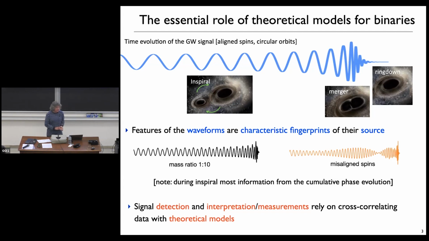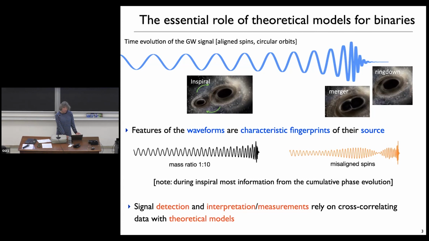And the way the signal detection and interpretation, all the measurements work, is by cross-correlating theoretical models that provide the link between the waveforms and the source physics with the data, and then determining the most likely distribution of source parameters. So really, if the theoretical models are off, then all our measurements are biased, essentially.